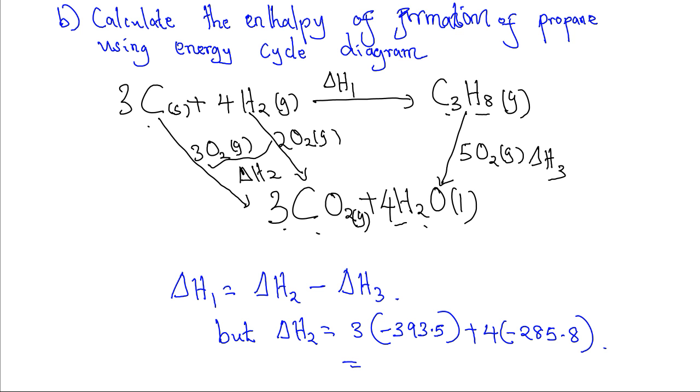That gives 3 times 393.5. That is negative 1180.5 minus 4 times 285.8, giving negative 1143.2.